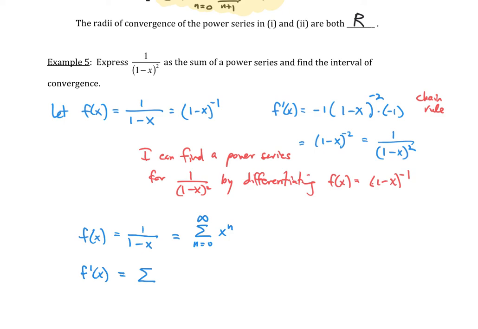Now remember, our series starts at 1, because the constant term gets killed off. So from n equals 1 to infinity, we take the derivative of the general term. The derivative of x to the n is n x to the n minus 1. And this is exactly what 1 over (1 minus x) squared is. Okay, so let me highlight this answer, because this is really what we were looking for.